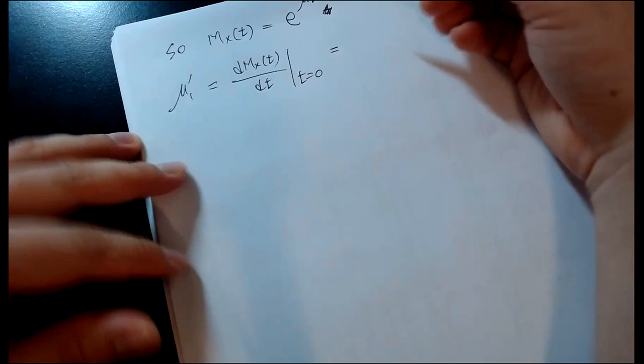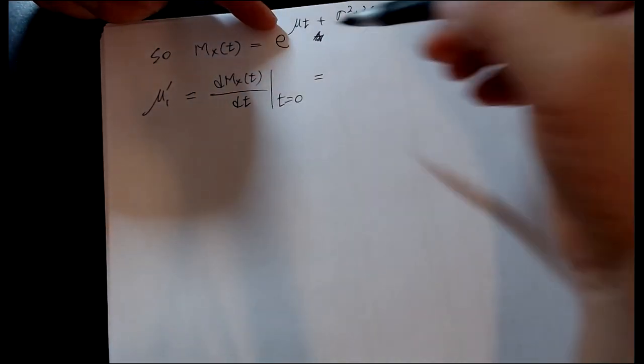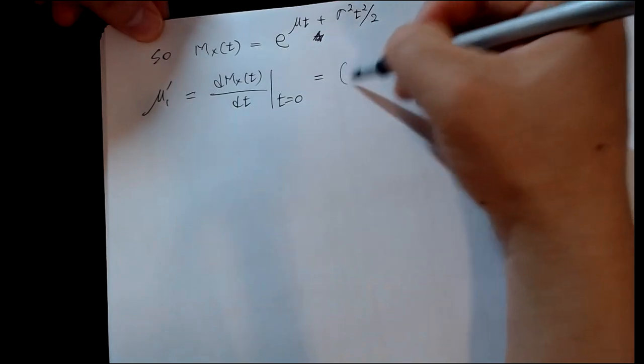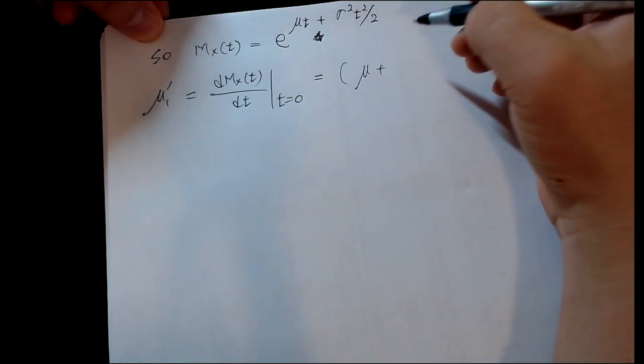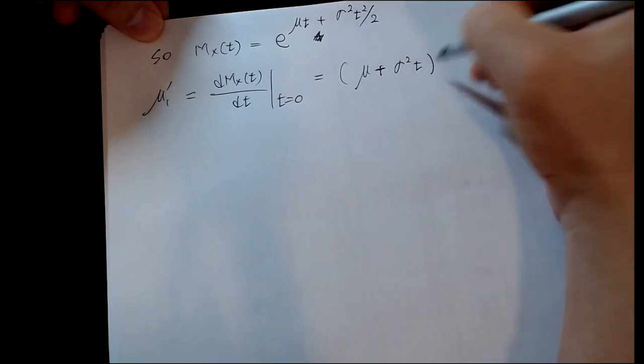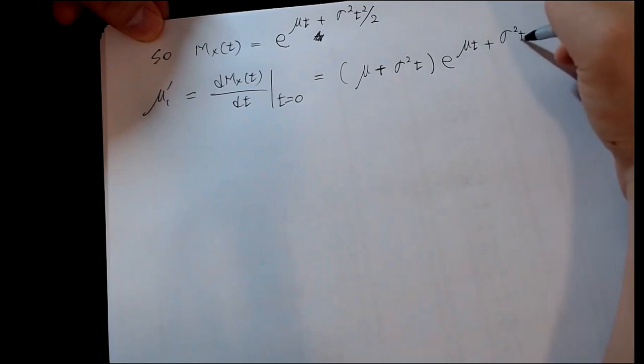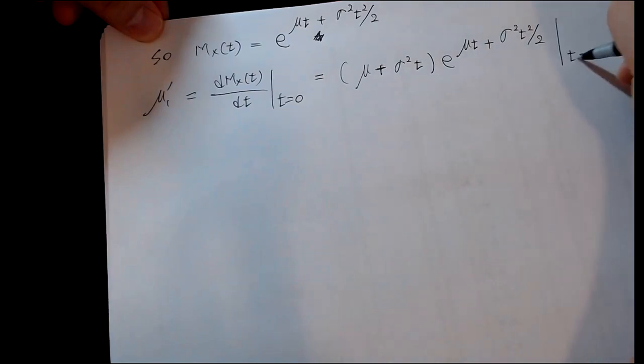So let's take the derivative of this with respect to t. Then we're going to get mu plus sigma square t, and then e to the mu t plus sigma square t square over 2, and then t equals 0.